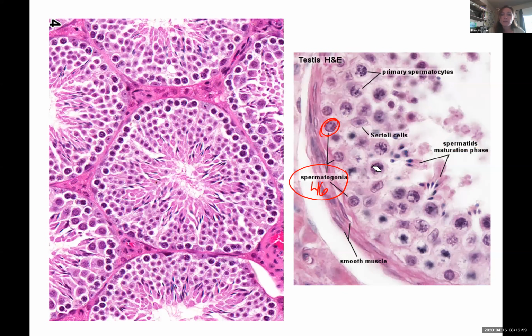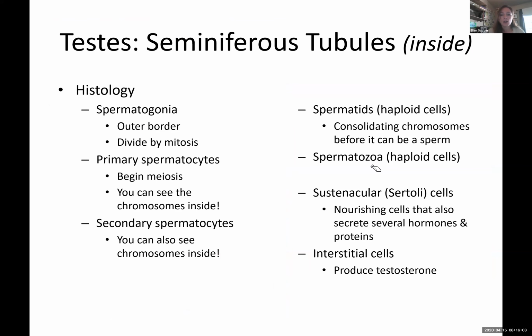Keep in mind that you're going to need to know the chromosome number for each of the cells listed here. We already know that spermatogonia has 46, or 23 pairs, which is the same thing.